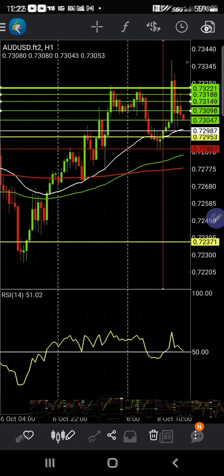It was NFP, so it shot up, and I thought maybe we could target the next level. So I held on for a while, and then I moved my stop loss to this resistance line that became support, and I held it until it broke back down below that level and hit my stop loss.